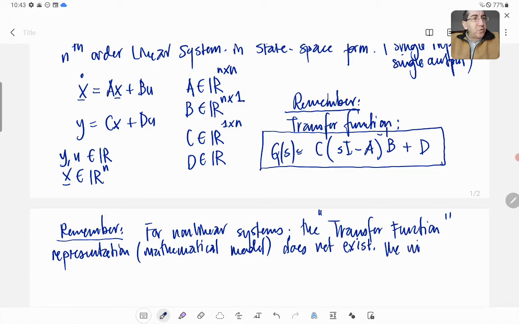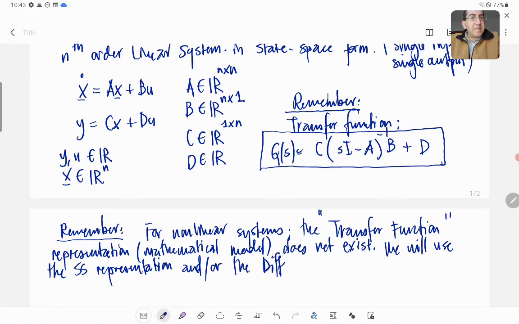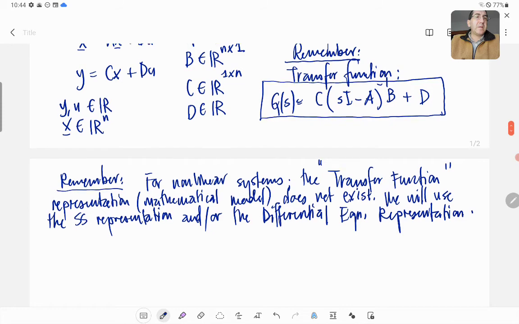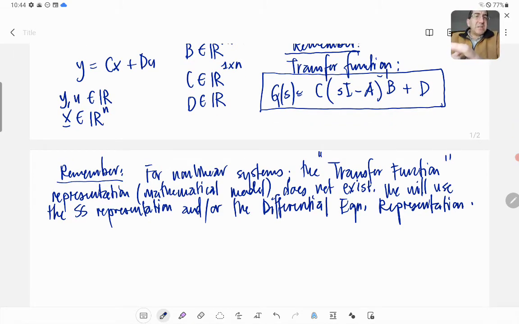But we will use, for nonlinear systems, either the state space representation or the differential equation representation. State space representation is, remember, a set of first order differential equations.